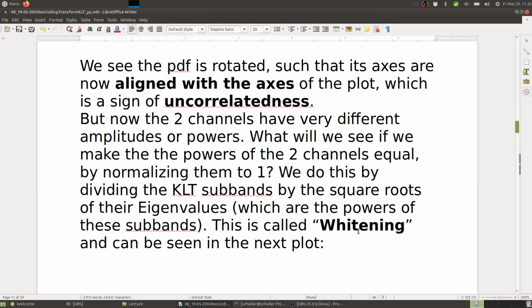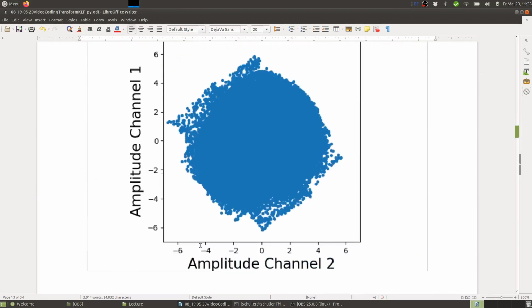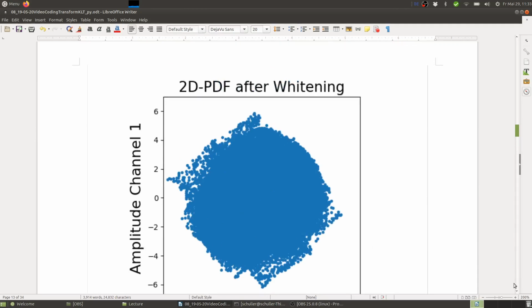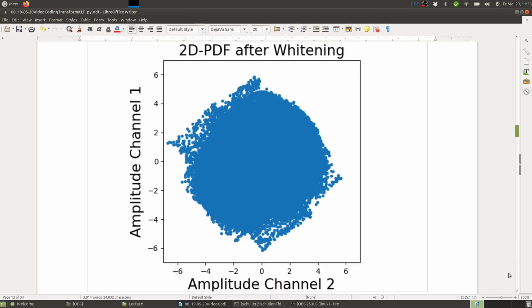This is called whitening and can be seen in this plot. Here, this is the result after whitening. We normalized the two outputs to have the same power. And here you can see, indeed, we now have the same power on each.